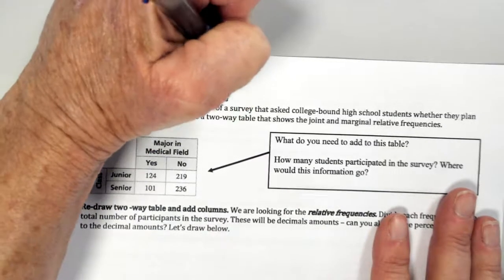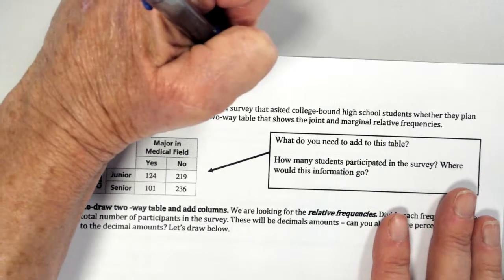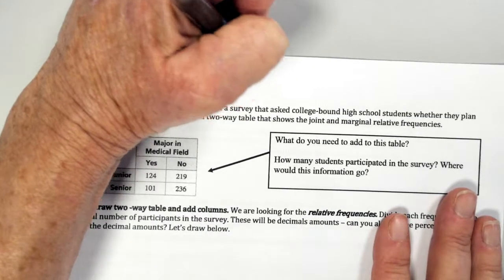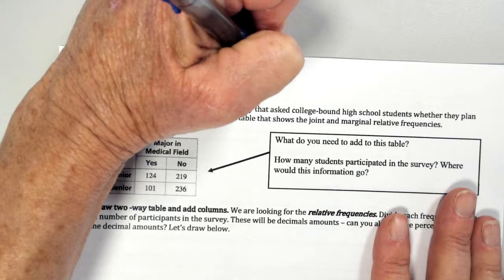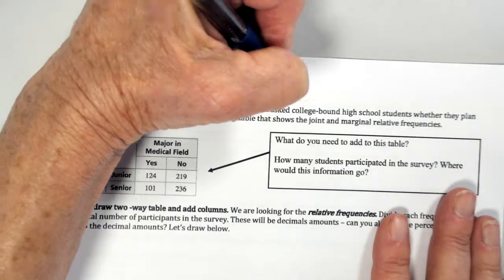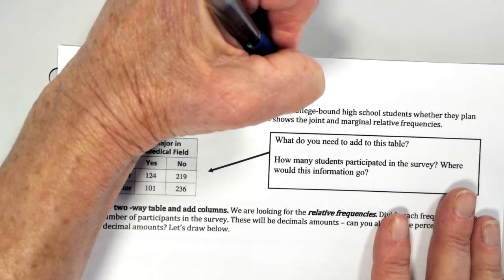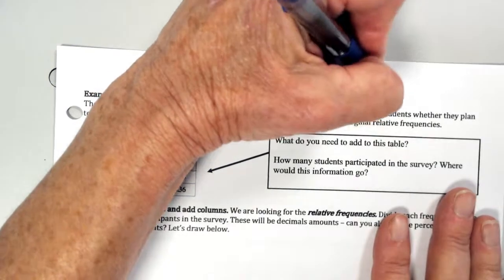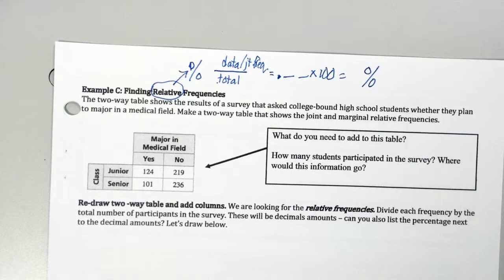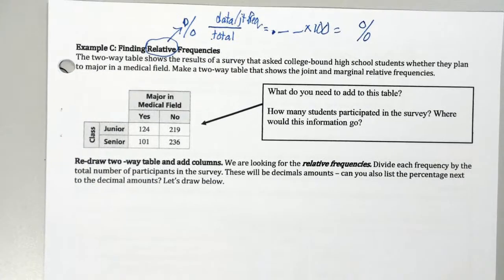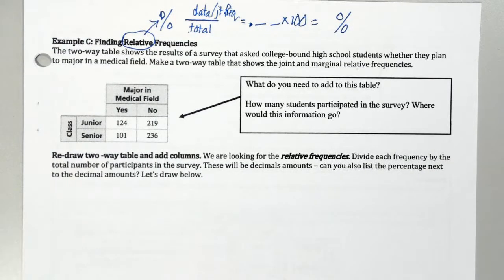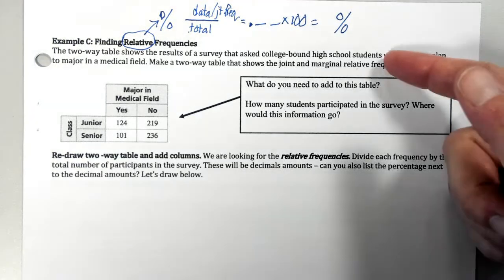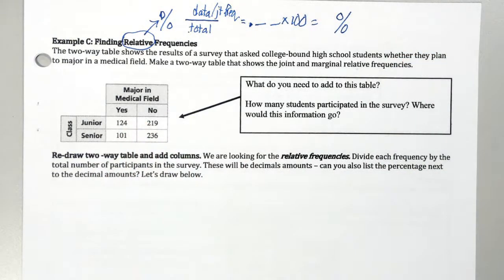So I'm going to divide my data or my joint frequency by the total amount. I'm going to get a decimal number, and then I multiply that by 100. That'll give me the percent. So let's go ahead and do this. So I'm looking at my data, and I am not going to read up here. I am basically just going to read my data.